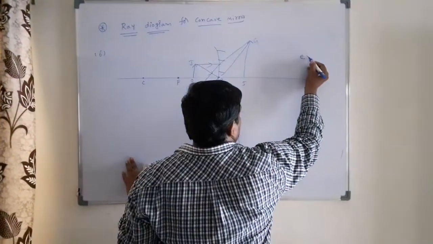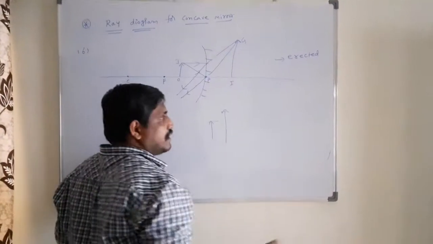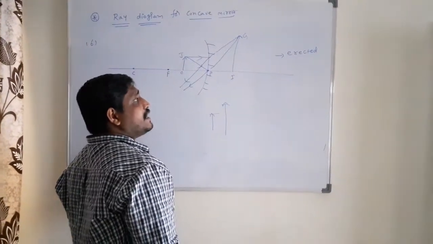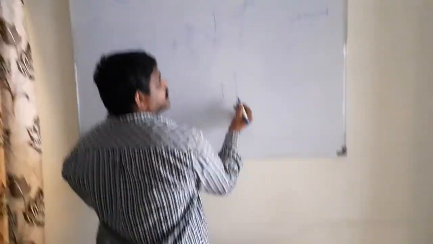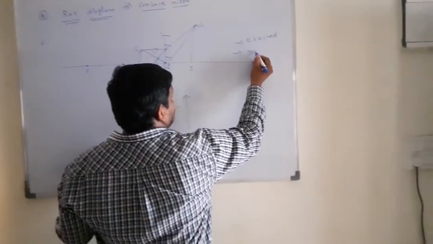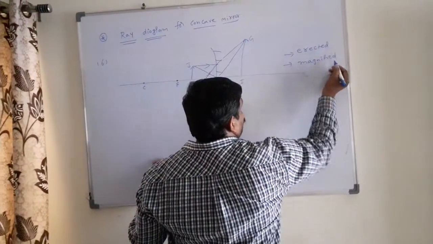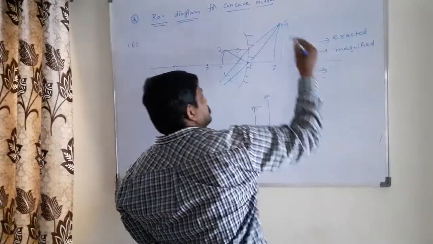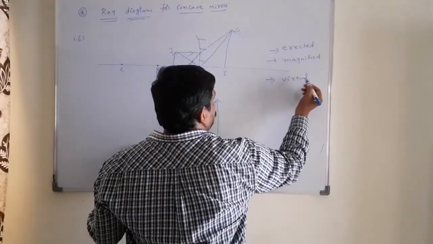In this case the image is always erect compared to the object, and it is magnified, that means the size of the image compared to the object increases. And these are extended lines; an image formed by extended lines is called a virtual image.